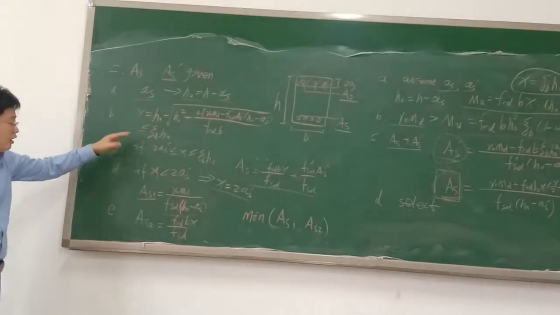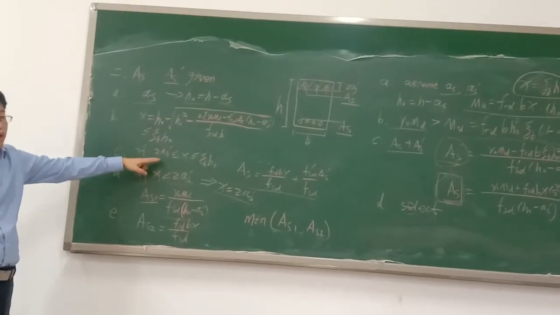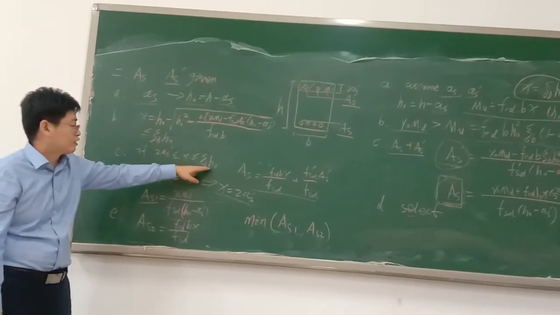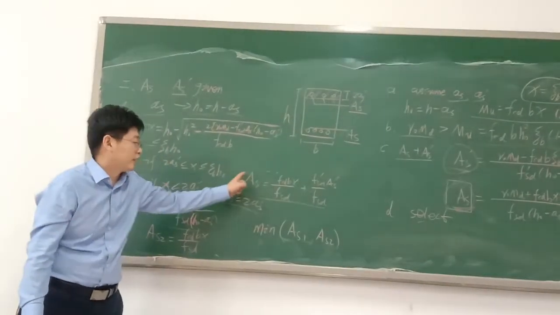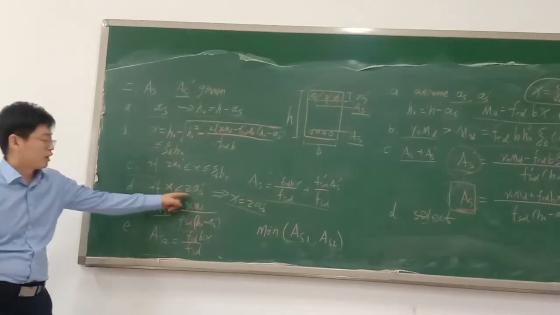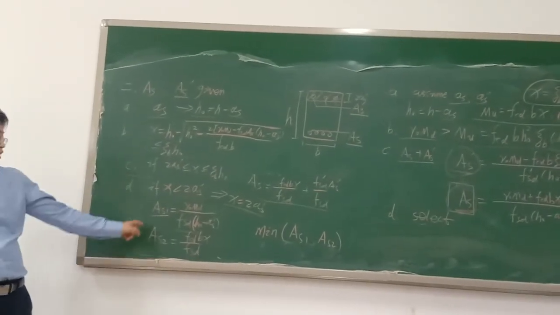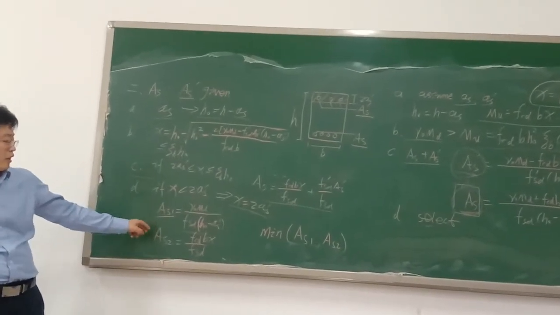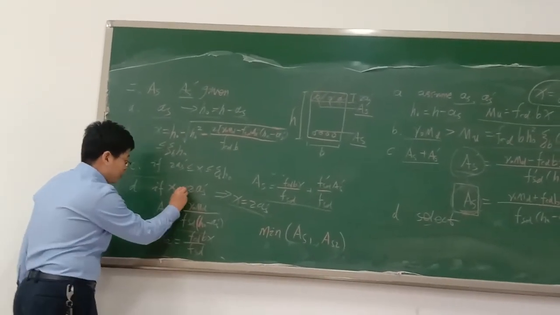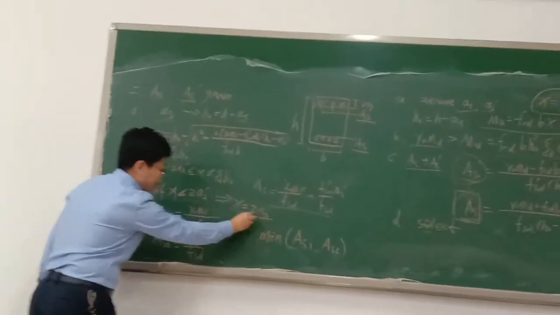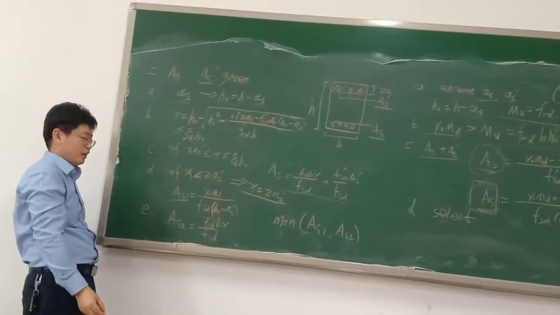Then based on the value x, if x satisfies this condition, you just use the basic equation to get AS. If x is smaller than this, we got two values and then use the minimum value. Say if x is smaller, normally we use x equal to this one.